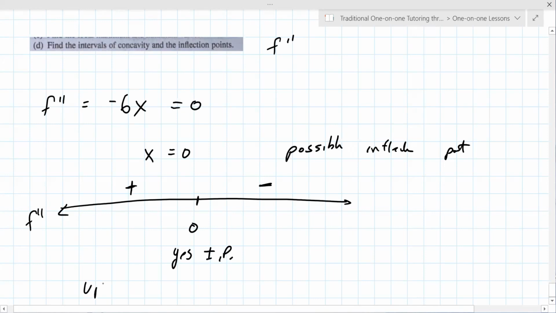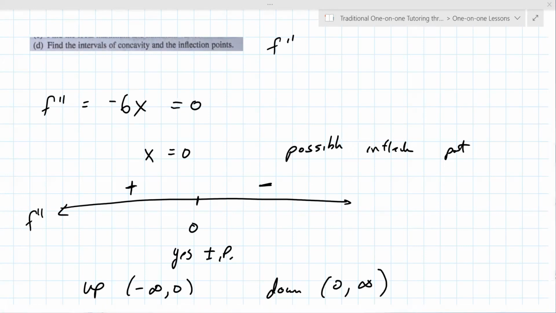It's concave up from minus infinity to 0, where the plus is, and concave down from 0 to infinity. So I think that takes care of D.